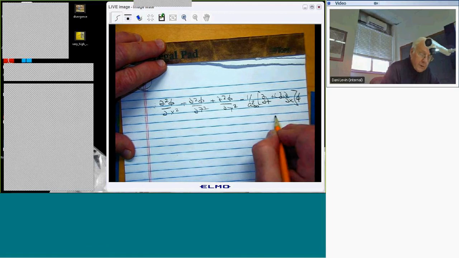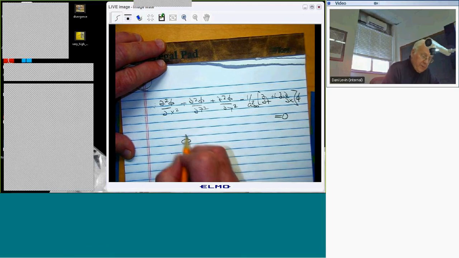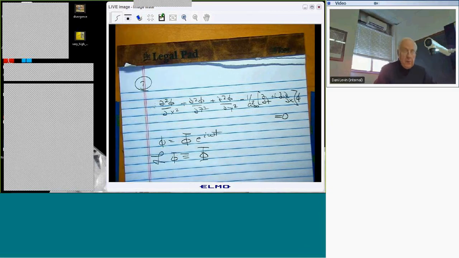And remember what we're going to do? We're going to take phi and say it's phi bar e to the i omega t. We're still going to take a Laplace transform of phi bar and call that capital Phi. And if we do that, that will reduce this partial differential equation down to a partial differential equation in z and y only, right?